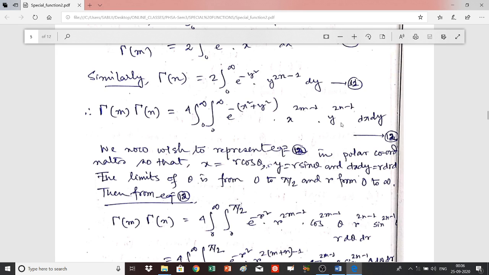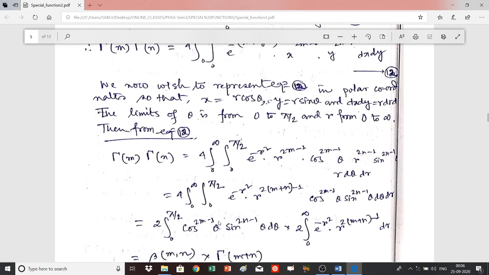And if you substitute r sin theta for y, that will give you r to the power 2n minus 1, then sin theta to the power 2n minus 1, and the value of dx dy is r d theta dr. That will give you 4 times the integral from 0 to infinity, 0 to pi by 2, of e to the power minus r squared.